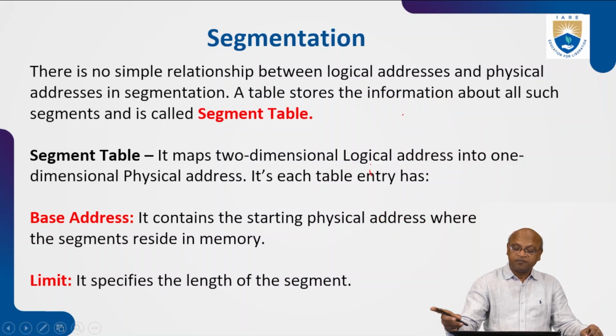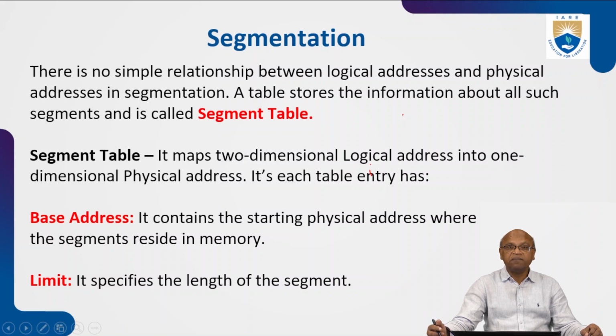The segment table maps a two-dimensional logical address into a one-dimensional physical address. Each table entry has a base address and a limit. The base address, as I told you, contains the starting physical address where the segment resides in memory, and the limit specifies the length of the segment.